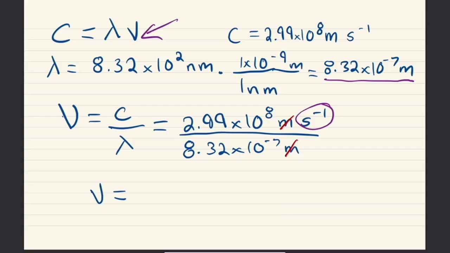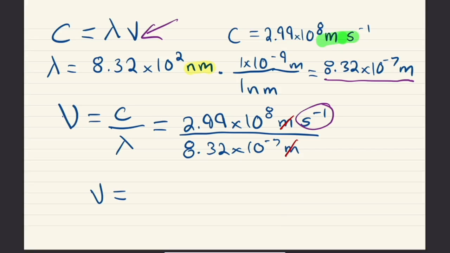What we see here is our value of 8.32 times 10 to the 2 nanometers. The key is that our units are in nanometers, but the units of measurement of our constant are meters.